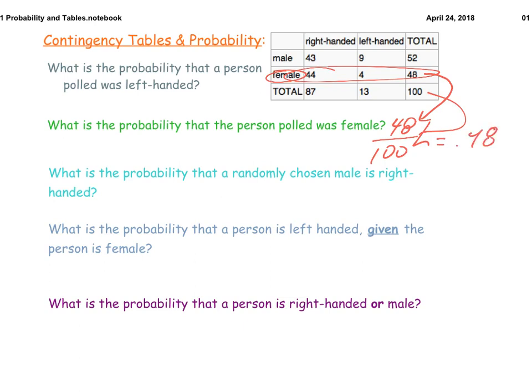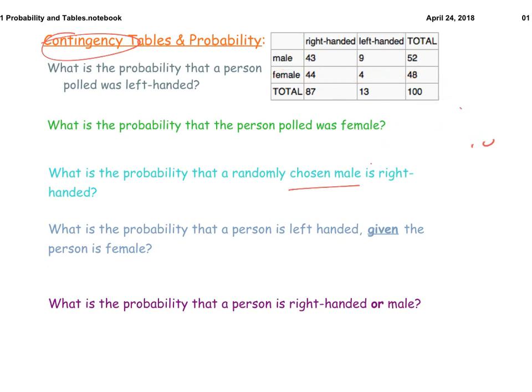What's the probability a randomly chosen male is right-handed? All right, already they're getting tricky, and this was called a contingency. Contingent upon us choosing a male means that I can't just randomly pick. I have to pick only from the males. So a randomly chosen male, that means I'm picking from the males.